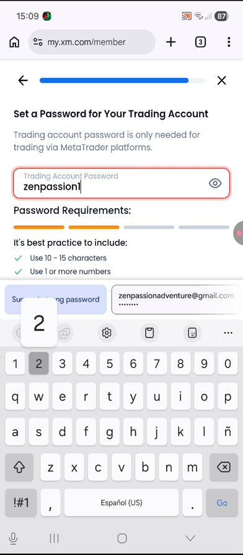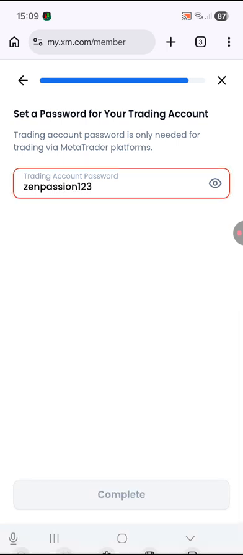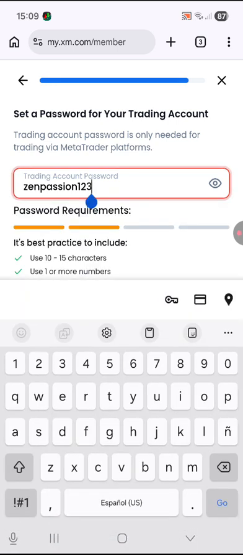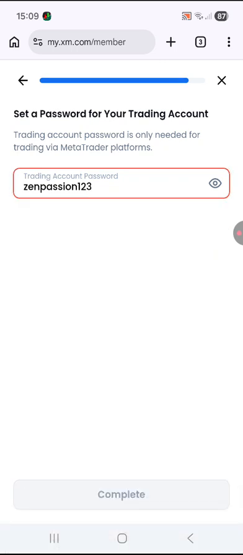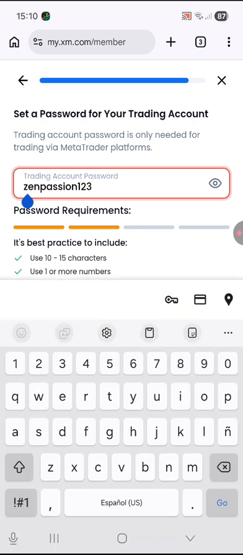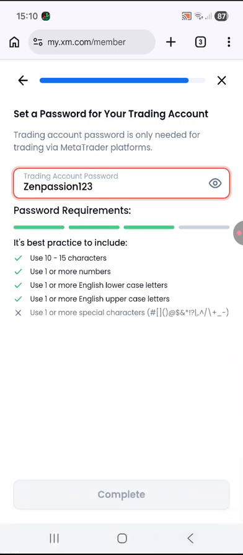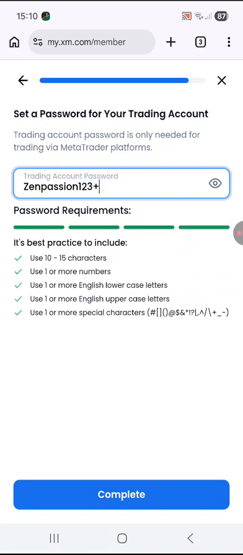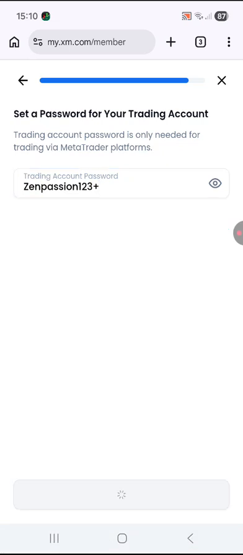Zen Passion. Come on, this is just a demo account for crying out loud. Use one or more, let's see, what does it say? Use one or more uppercase letters. Okay, so that looks like it's green. Zen Passion 1, 2, 3. Let's do the plus sign. Okay. Complete. Zen Passion 1, 2, 3 plus.